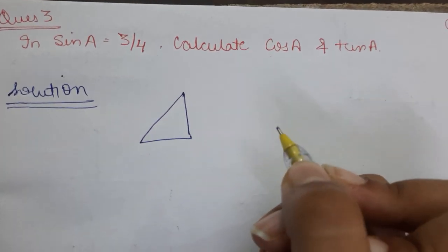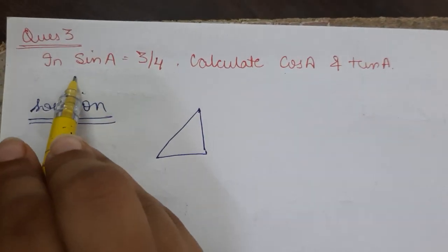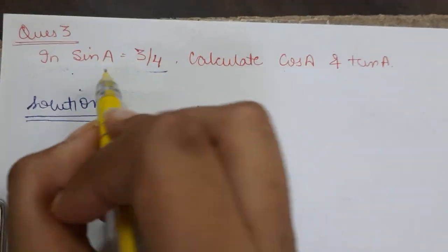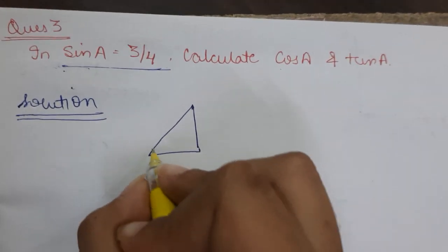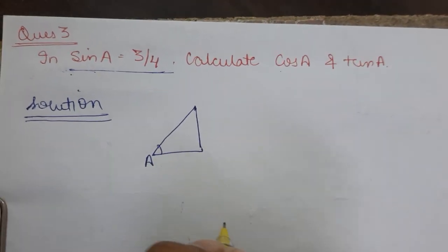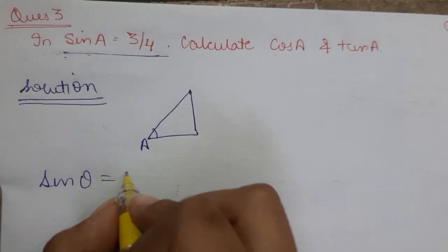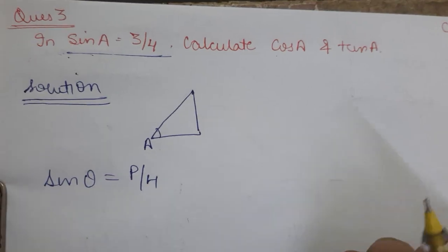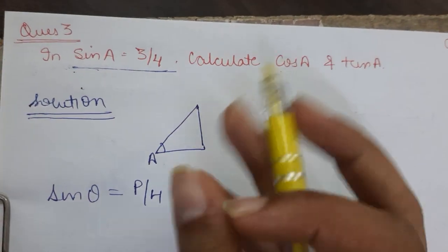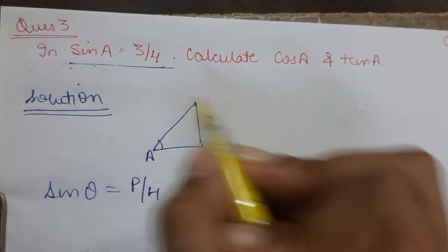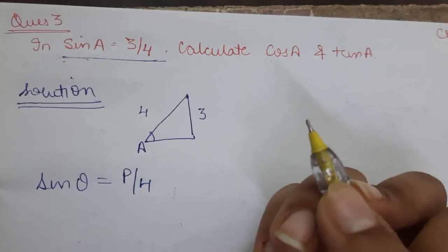We'll draw a triangle again, as we have been given the ratio of sine A as 3 by 4. And we know that for any sine theta, sine is always perpendicular upon hypotenuse. So it is 3 by 4. So perpendicular is 3, hypotenuse is 4.